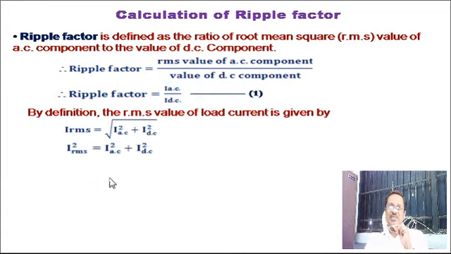Therefore IRMS square is IAC square plus IDC square. We have squared both sides. Therefore IAC square will be IRMS square minus IDC square, and therefore the value of IAC is under root IRMS square minus IDC square.